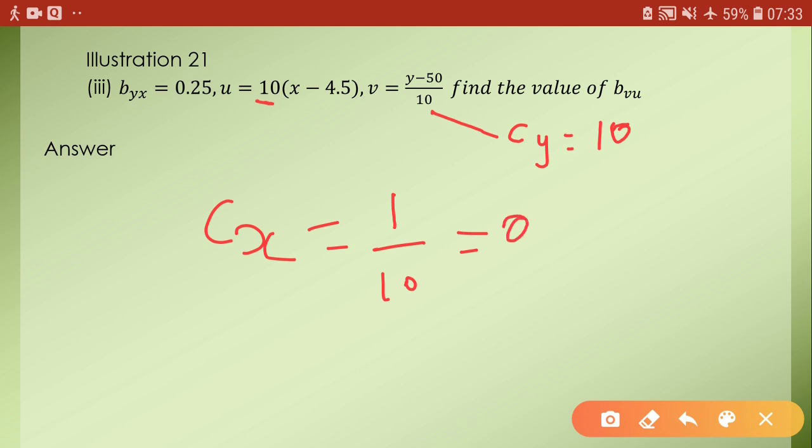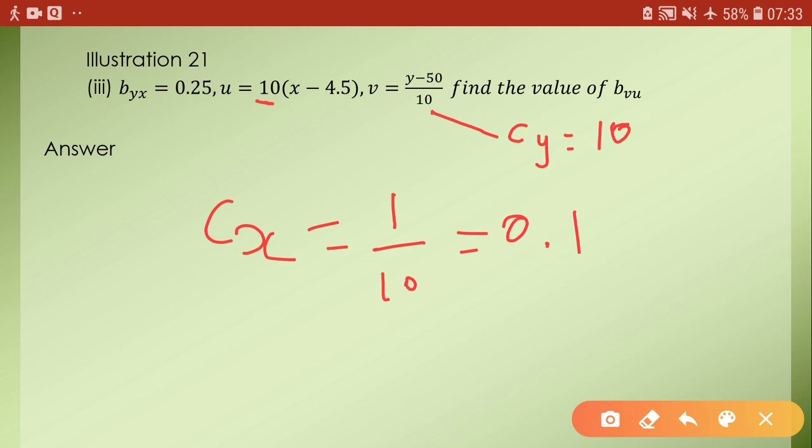Just make it reverse. So if it is given 10, then you make it 1 by 10. If 5 is multiplied, make it 1 by 5. If 3 is multiplied, make it 1 by 3. If any digit is multiplied and you want to find Cx, just make the reciprocal of this.